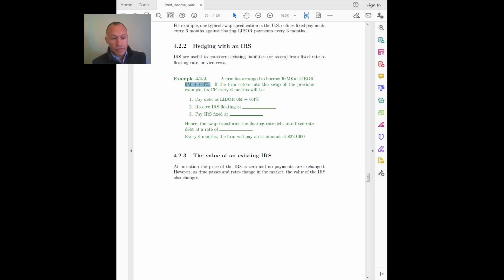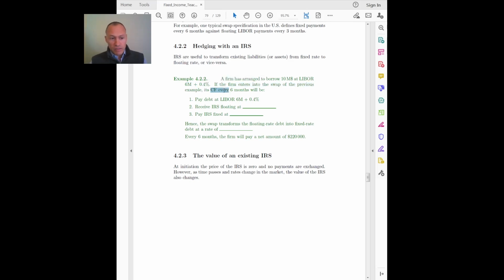So the firm may prefer to make this change in a quicker way without paying the transaction costs, because maybe they foresee that they will want to reverse this transaction once interest rates go back to the levels that they want. So the alternative to retire and issue a new bond is to enter into an interest rate swap. So put a swap on top of the existing floating rate bond. Okay. So if the firm enters into the swap of the previous example, what will happen?